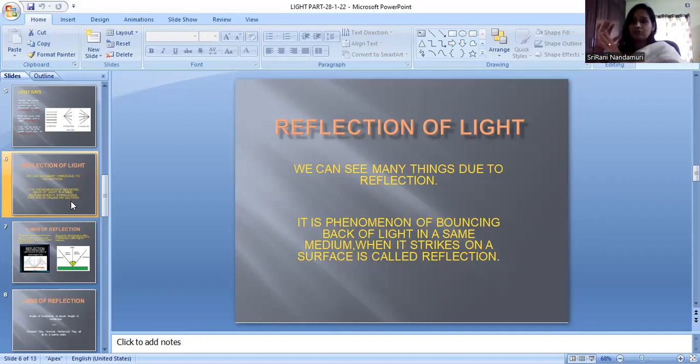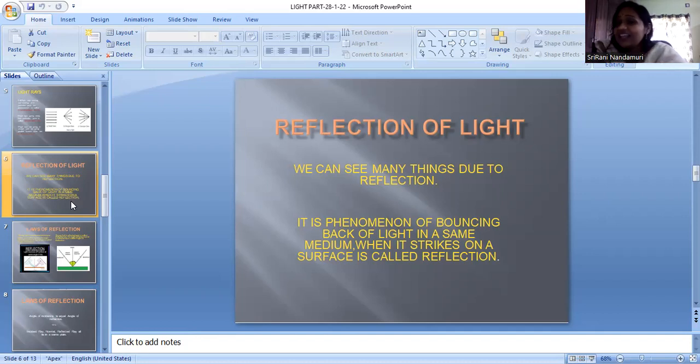Does the ball stick to the wall? What happens there? The ball bounces back, right? We are throwing a ball towards the wall, and the ball bounces back towards you. With however much force you have thrown the ball, with that much force the ball also bounces back.